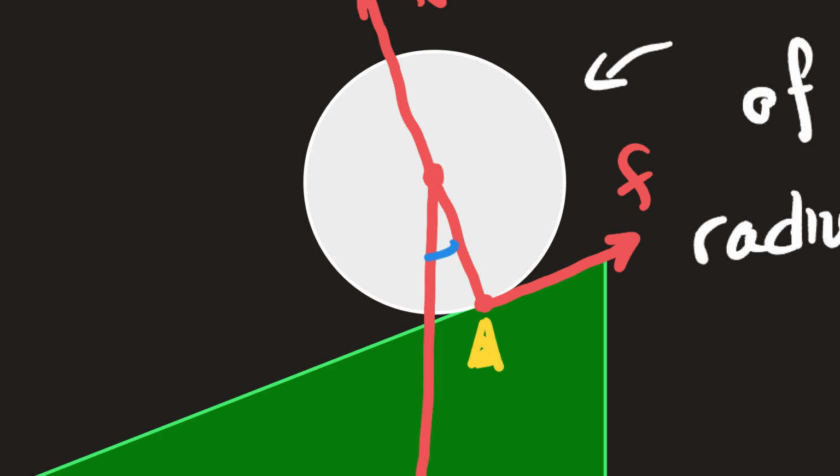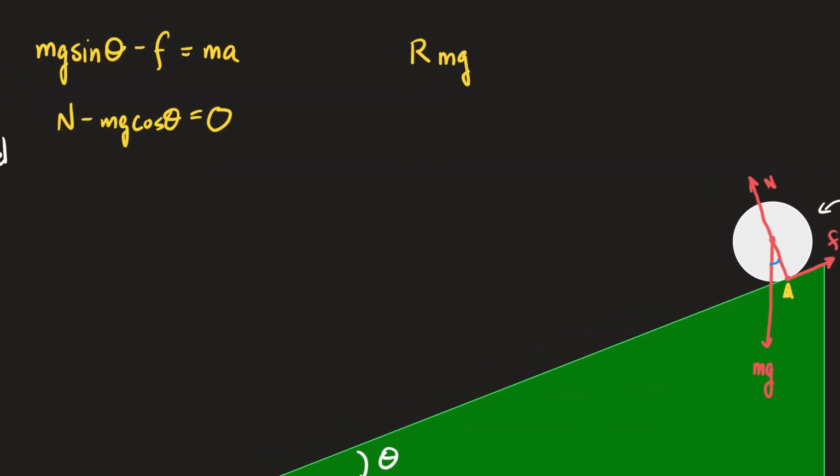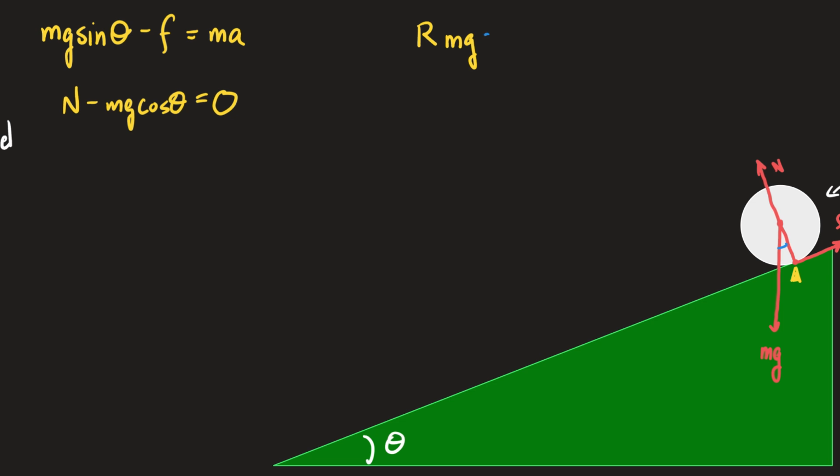And because this is a torque, and we would normally put the sine of the angle between the torque arm and the force, this will be the sine of theta. This is the only thing causing a torque. So this has to equal I alpha.